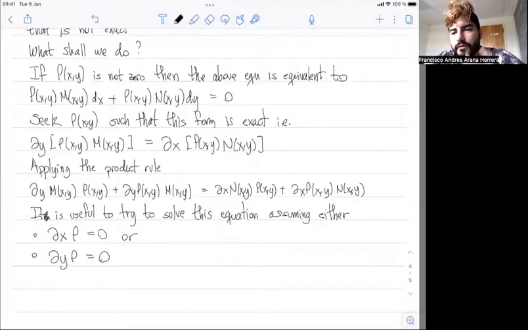And notice that when we're looking for rho, we're not looking for the most general rho that would solve this equation. We're just looking for a single one. If we get a single one, we're good. And when we look for it, we're allowed to make extra assumptions to make our problem easier. The assumptions that we'll usually make is that the partial with respect to x is 0, or the partial with respect to y is 0.